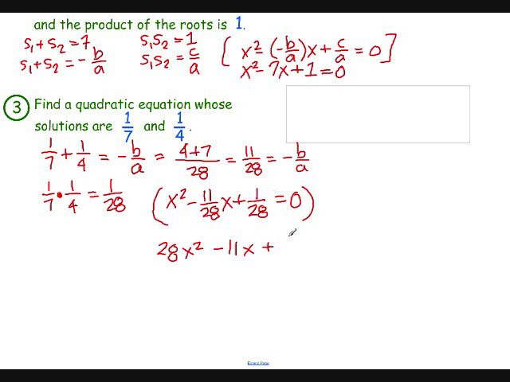And I'll do the same thing for this term. And then I'll multiply my 0 by 28. That's an easy multiplication. So this is what I find for the quadratic equation. And we'll see what's hidden.